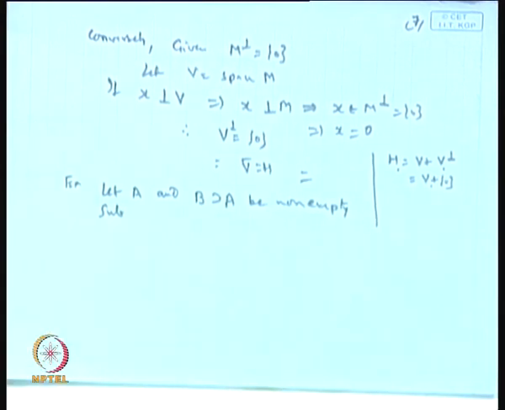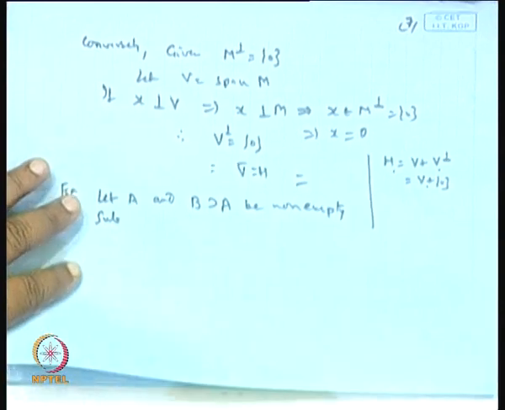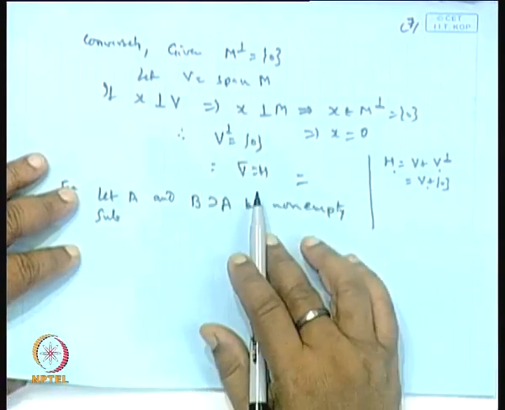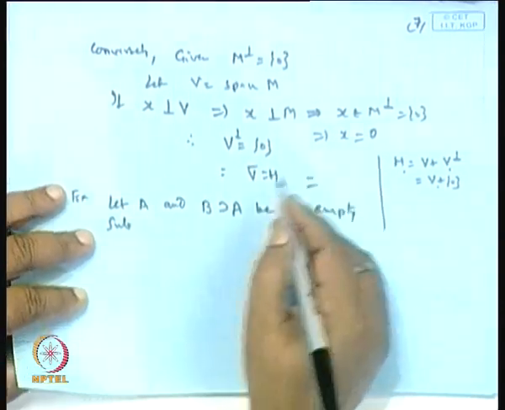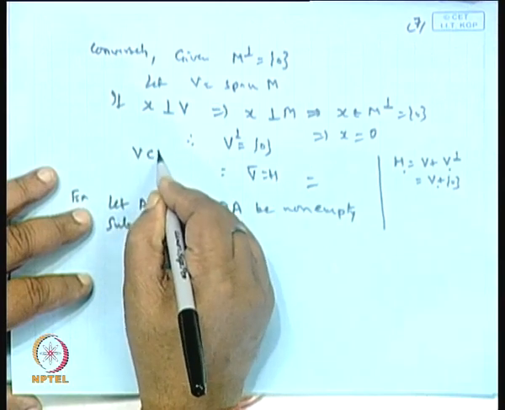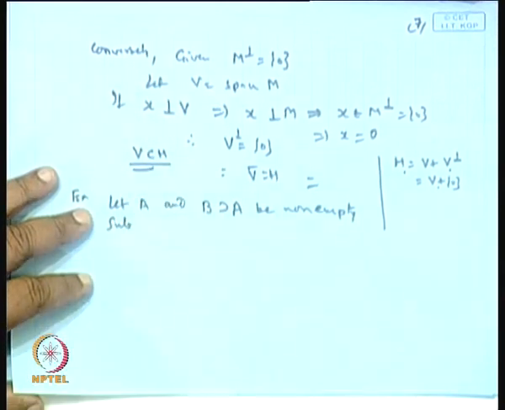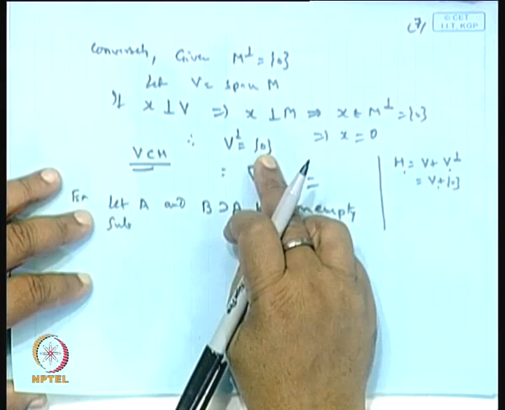Because all the limit points are always inside the V here. No, from here, V is a subset of H. Is it okay? V is a subset of H.